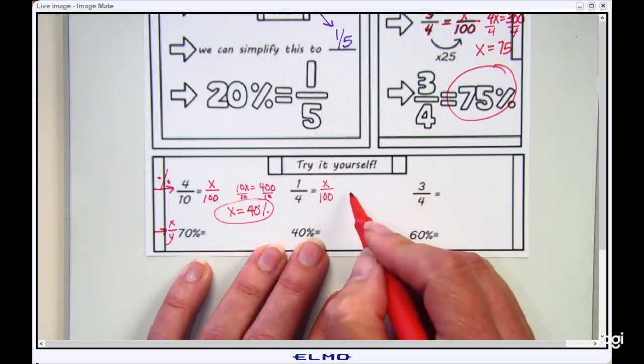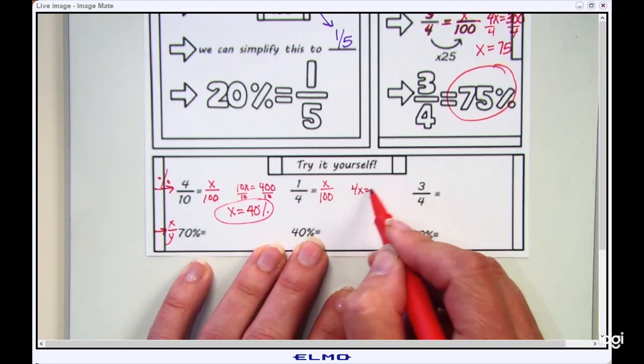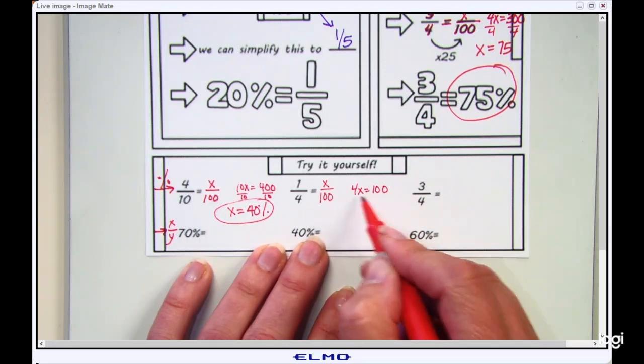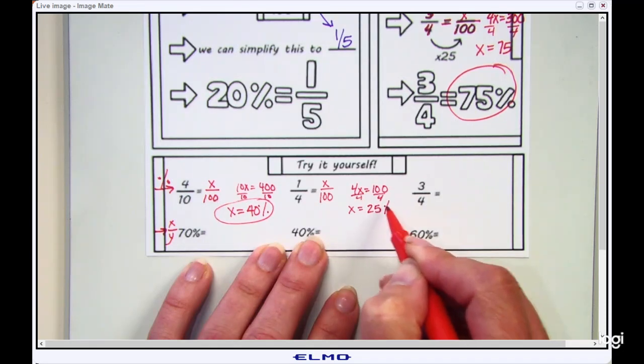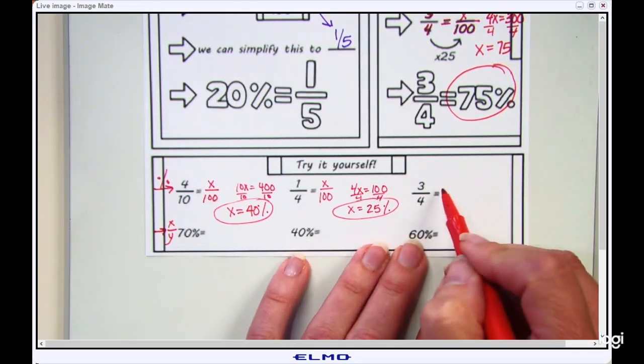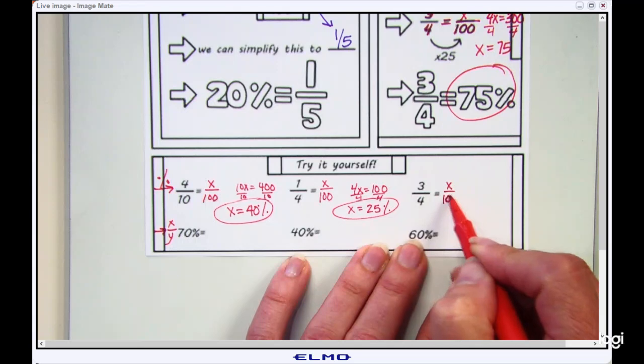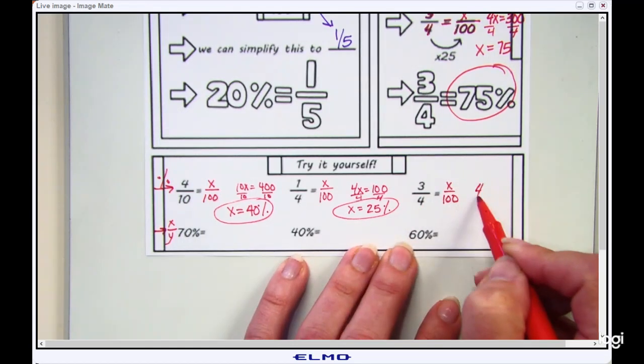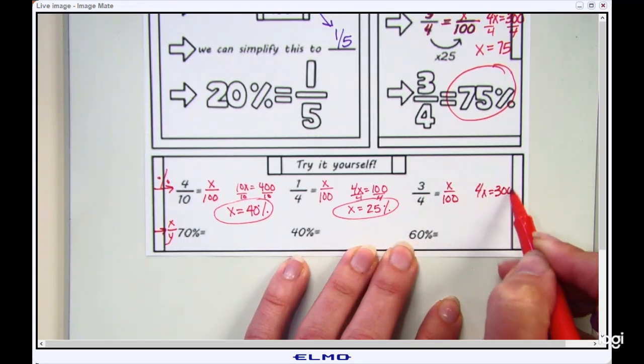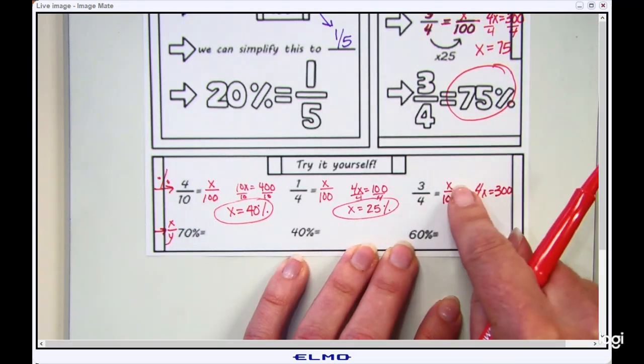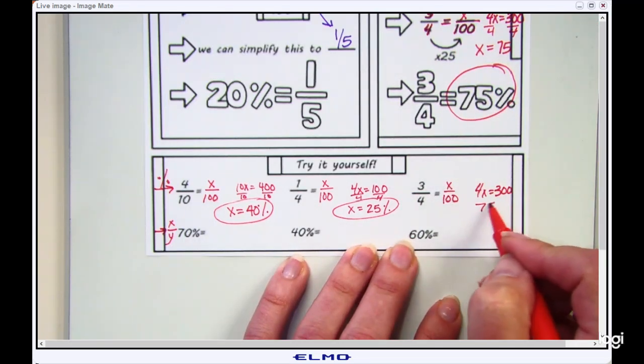Cross products. 4x equals 100. Divide by 4. Divide by 4. X is 25%. X out of 100. 4x equals 300. Didn't we just do that one a second ago? Here it is. 75%.